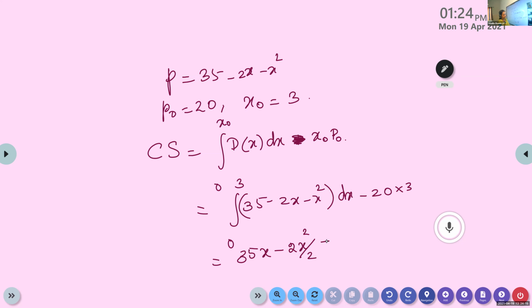Minus, what is integral of x square? Integral of x square is x cube by 3. Within the limits 0 to 3, minus 60.